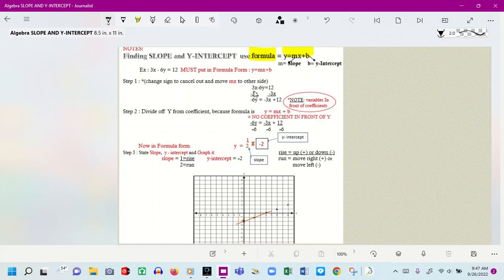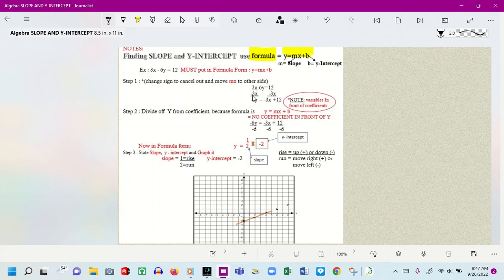We are starting with 3x minus 6y equals 12. Now we do know in order to get it in this form, we must move our variable 3x to the other side. In order to do that, we must take the opposite. And if we do it on this side of the equation, we must do it on that side of the equation as well.